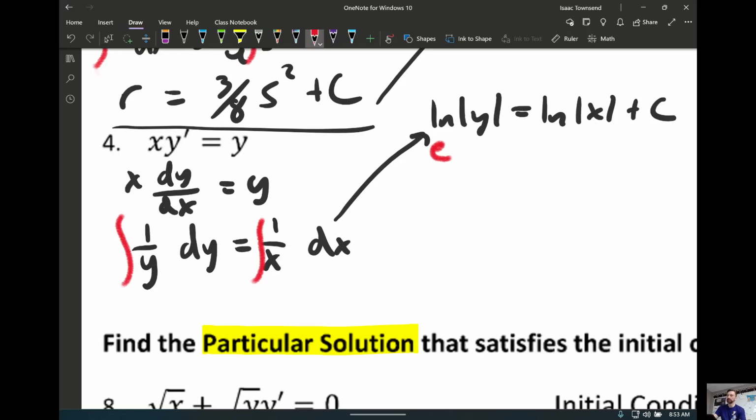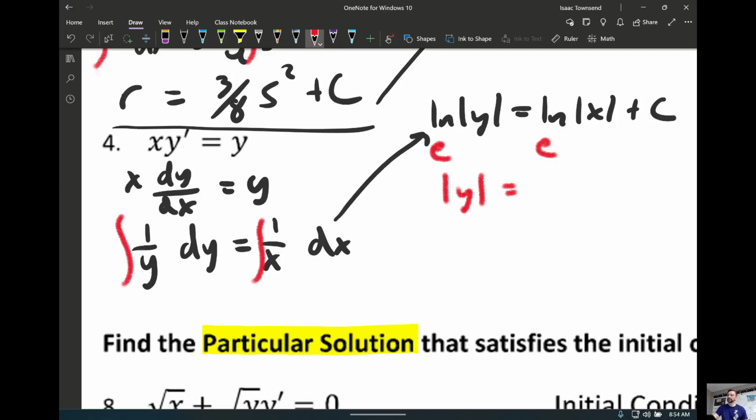Exponentiate. So let's make this an exponent on e and make this stuff the exponent on e. Okay, so e to the log base e of some stuff is just going to become the stuff. I showed you this on the other worksheet and this seems kind of weird, but we can actually split this up.